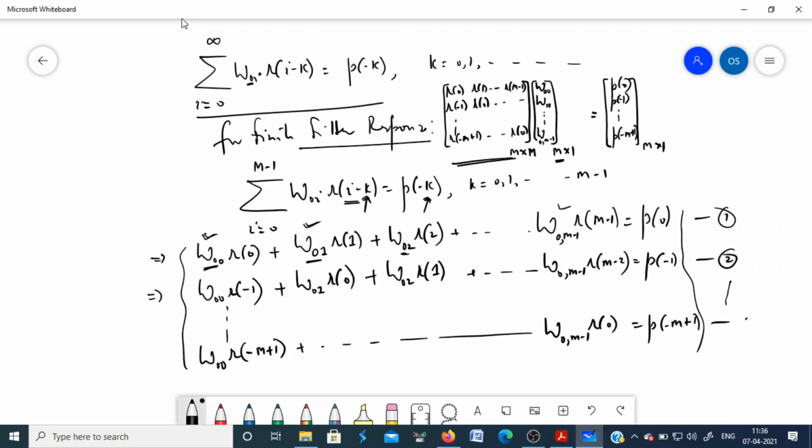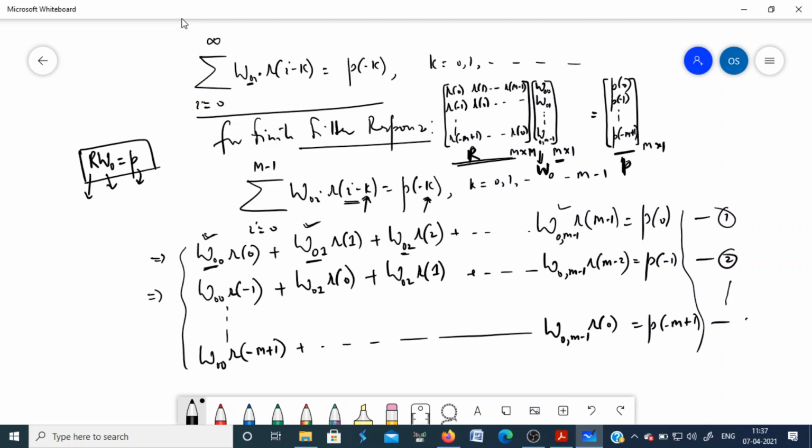So if we denote this matrix with R, and this vector with W, or W optimum, or W0, and this vector with P, these equations can be written like R W0 is equal to P. Okay, where R is an M cross M autocorrelation matrix, W is a column vector of the filter weights, and P is a column vector of the correlation coefficients.